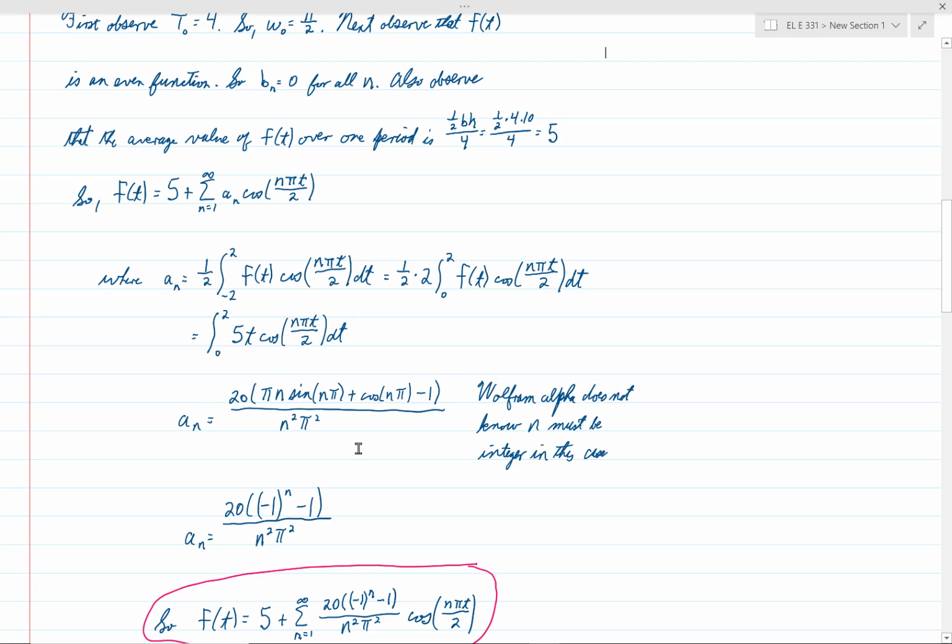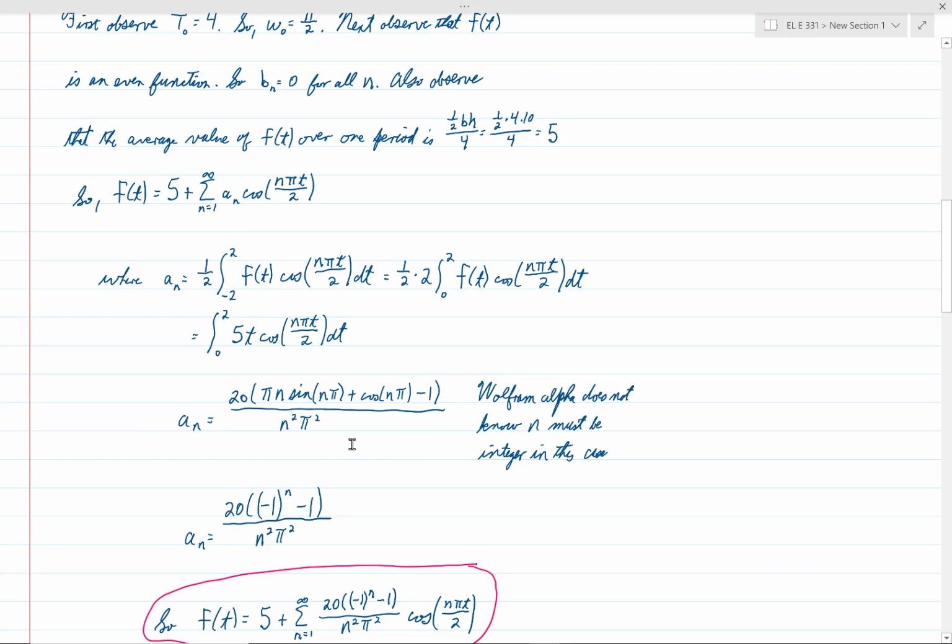Now, we can actually simplify this a little bit more because Wolfram Alpha has computed this assuming n could be any real number. But for our purposes in this problem, n is an integer. I mean, n is the index. Where is n coming from? It's the index on this sum, and that is understood to be an integer.